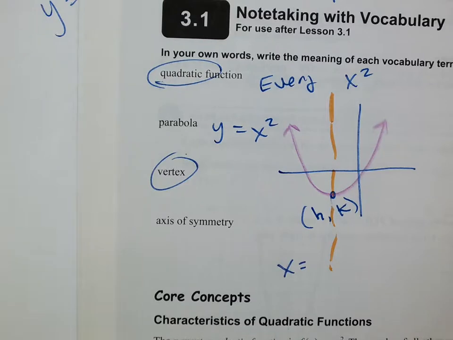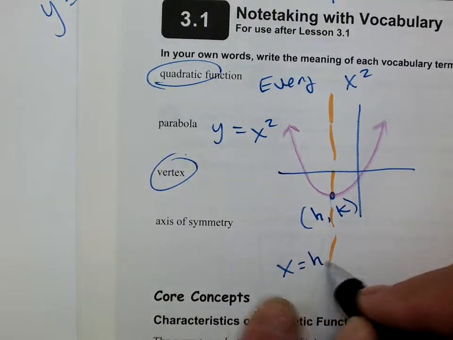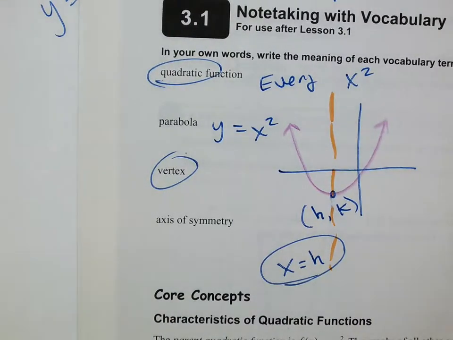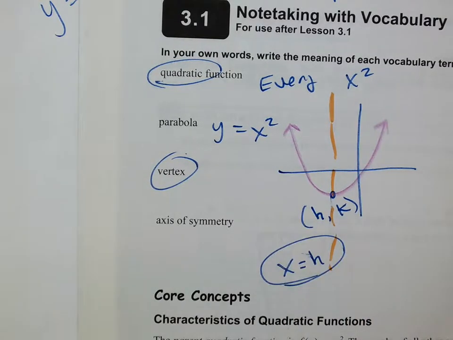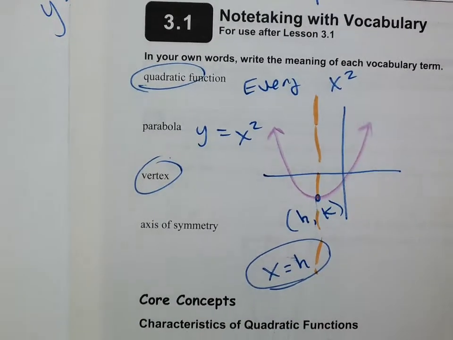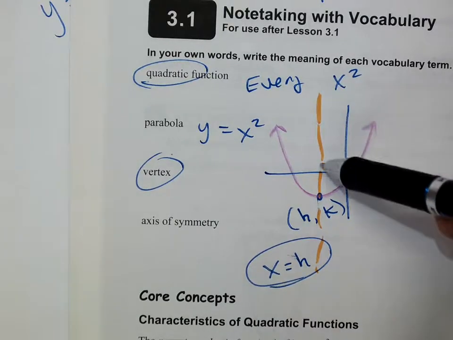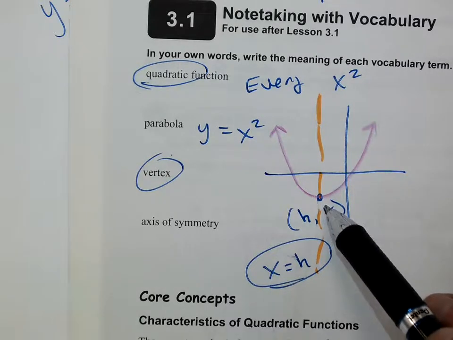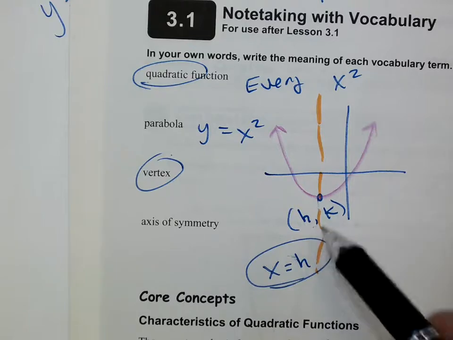It's x equals whatever the vertex is. That makes sense, doesn't it? No? Okay. We're going to take a look at this, and hopefully it will make sense when I get there. The axis of symmetry goes right through the middle of the parabola, so it's x equals whatever the x value of the vertex is.